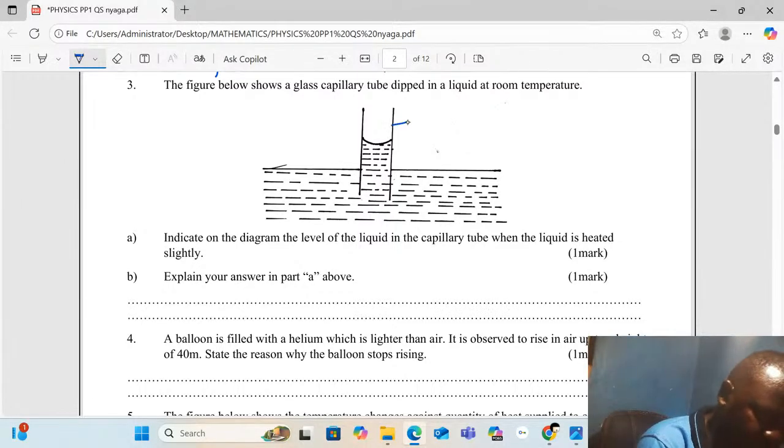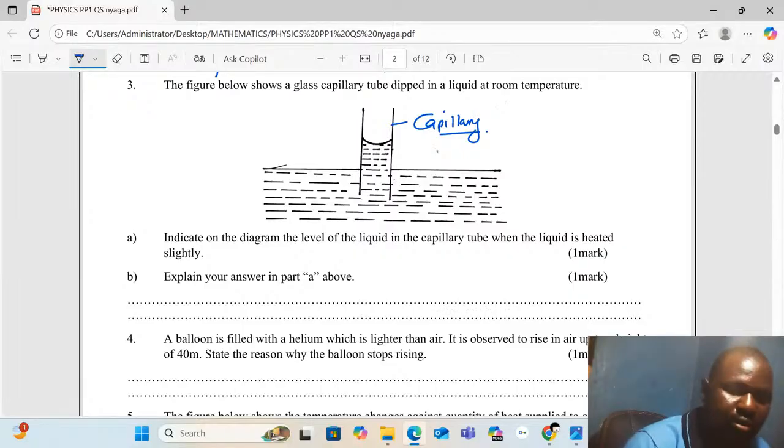So you can say this is the capillary. We know that surface tension contributes to the rise of the liquid. And therefore, the moment you increase temperature, you reduce the surface tension.